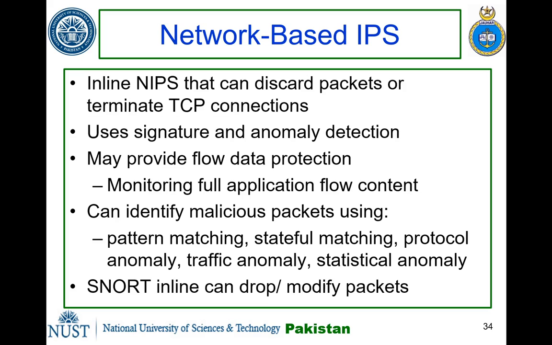When a flow is determined to be malicious, the latest and all subsequent packets belonging to the suspect flow are dropped. The general methods used by a NIPS device to identify malicious packets are pattern matching, stateful matching, protocol anomaly, traffic anomaly, and statistical anomaly.